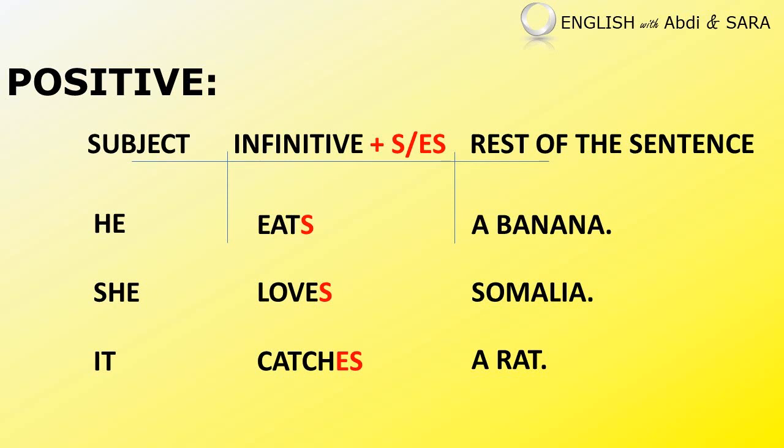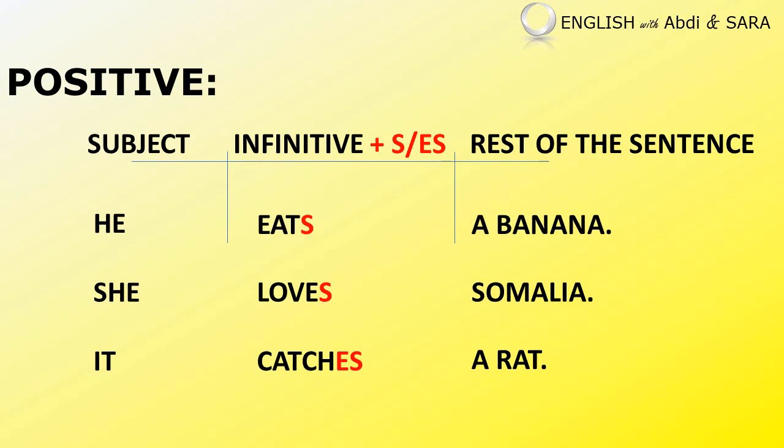Another example is she loves Somalia. My subject is she and my verb is loves and the rest of the sentence is Somalia. Now we have to add s because our subject is she. Last example, it catches a rat.